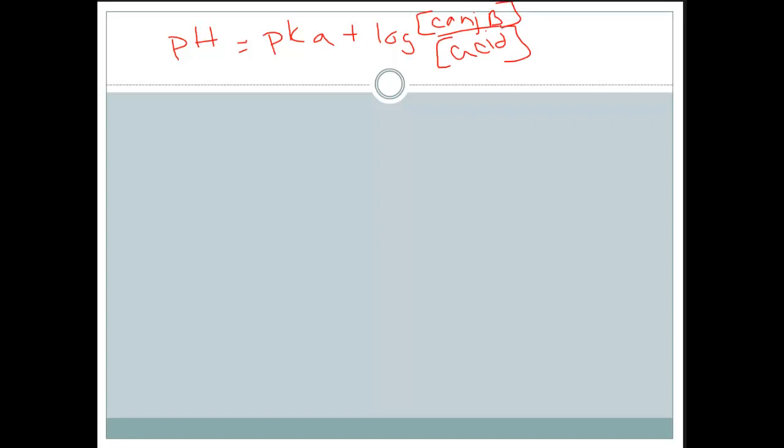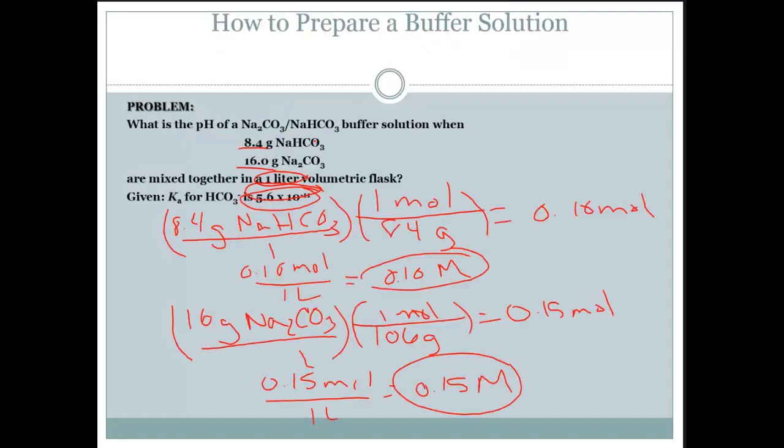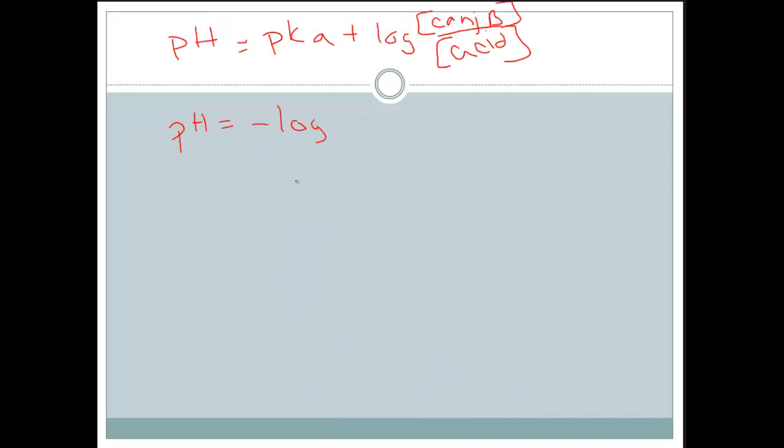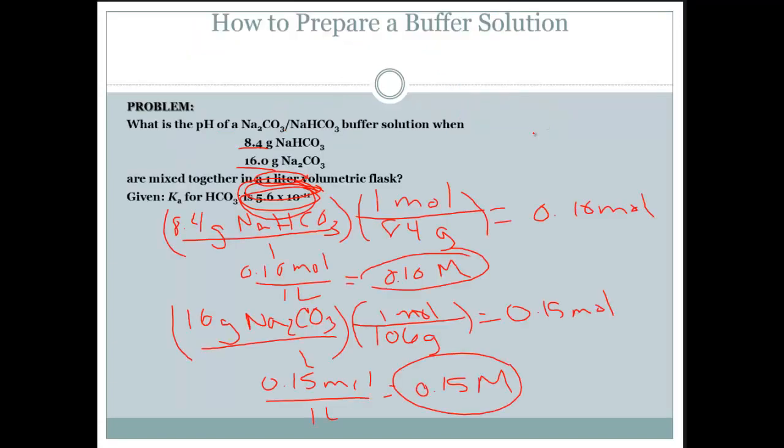Okay, from here, I'm looking for the pH. pKa would be the negative log of the Ka, which we know from the previous slide, right up here, is 5.6 times 10 to the negative 11. Plus the log of the concentrations of the conjugate base and the acid, which is 0.15 and 0.10.